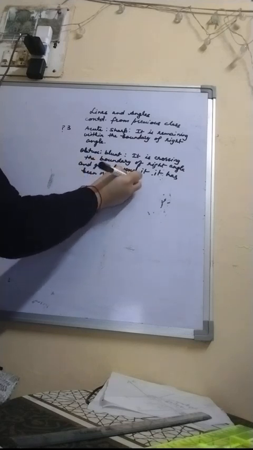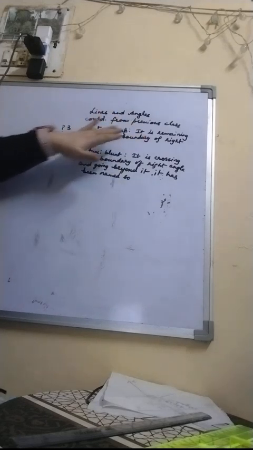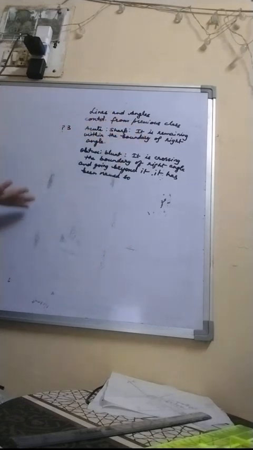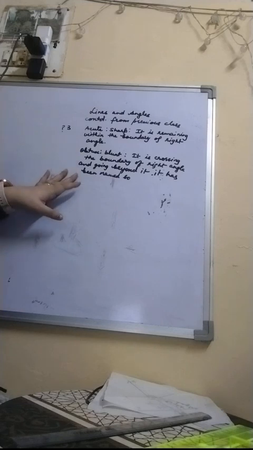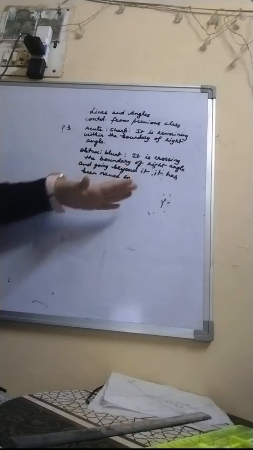Okay, it is remaining within the boundary of right angle, so it is sharp, and an obtuse angle is crossing the boundary of right angle or going beyond, so it is named so.